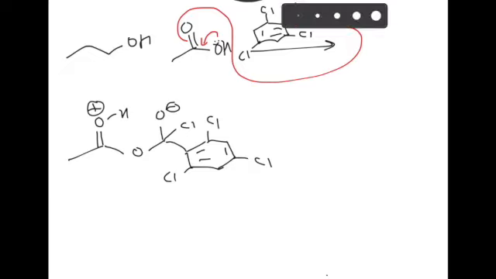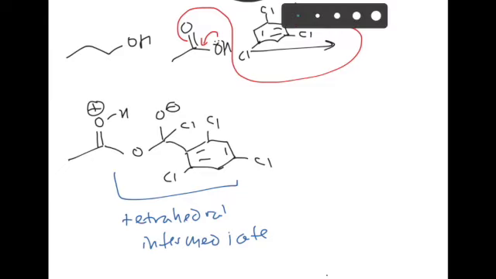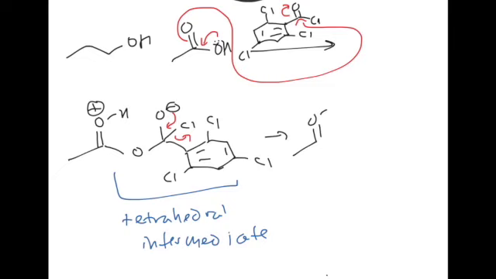This is your friend from Organic 2. If I spelled that right, tetrahedral intermediate. Right? This falls apart. Bloop. Bloop. And we get here.